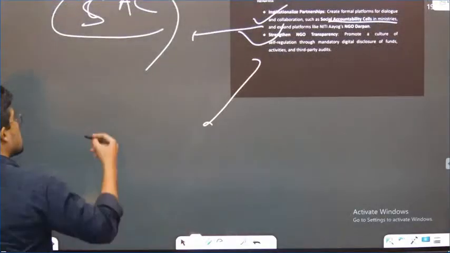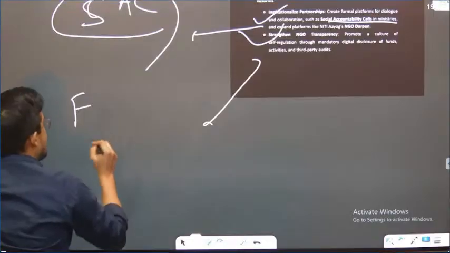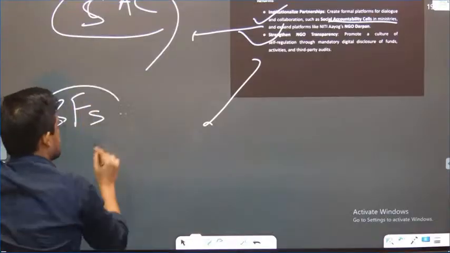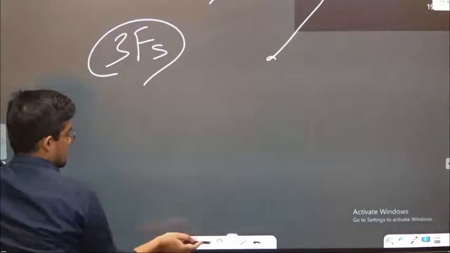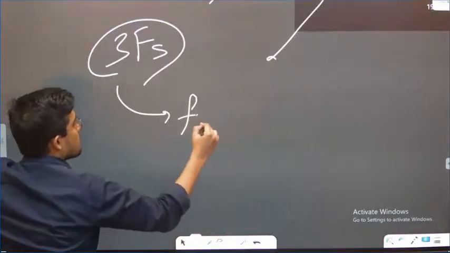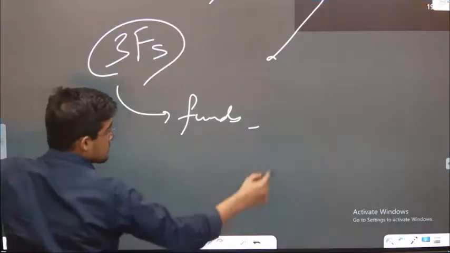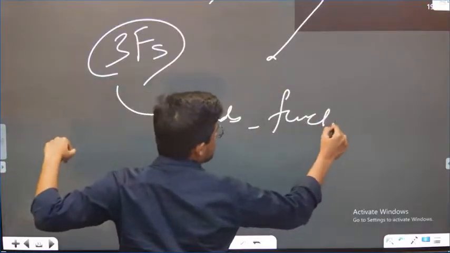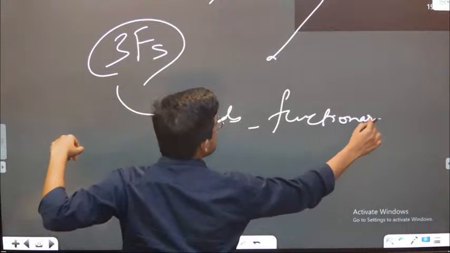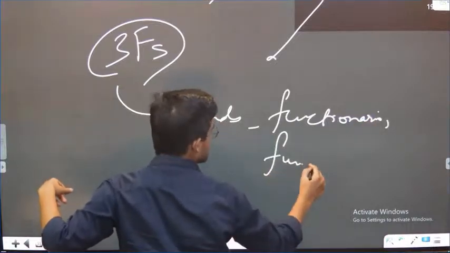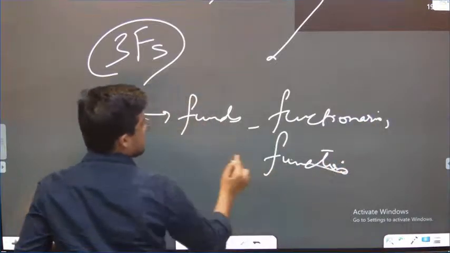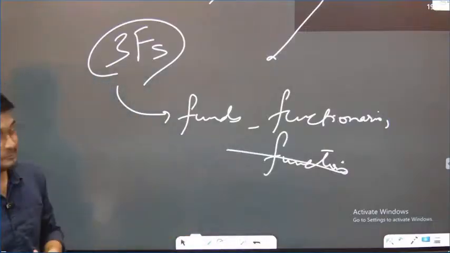Then there is something also called the 3Fs problem. 3Fs: Funds, second is functionaries, and functions. In case of NGOs, this function is cut out.